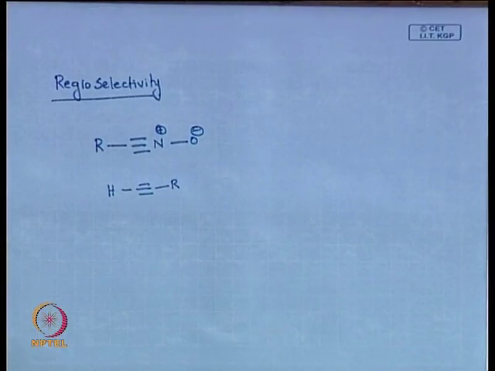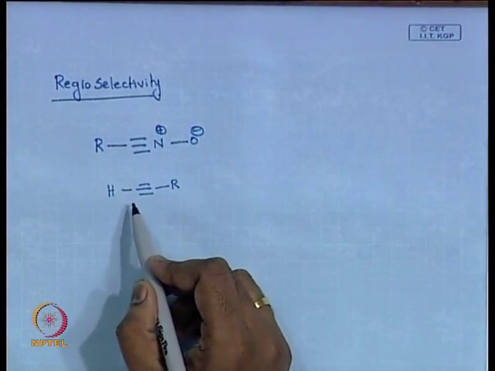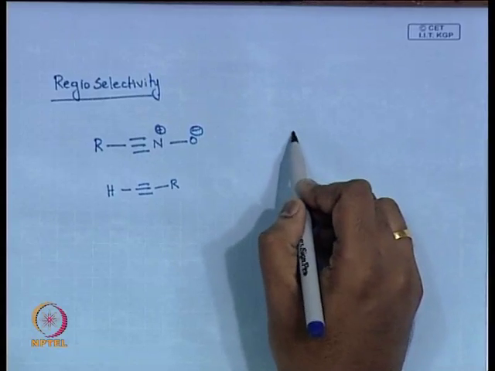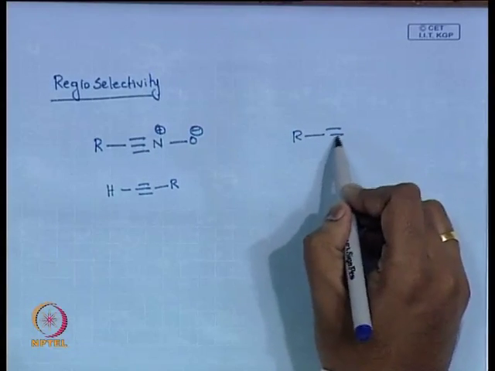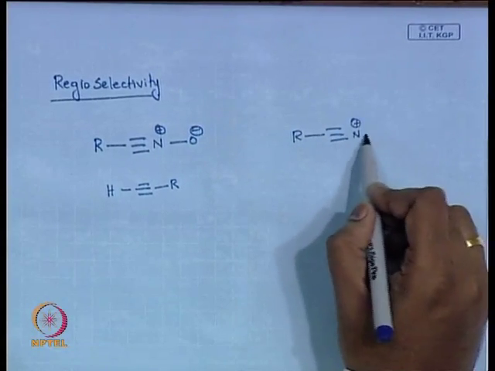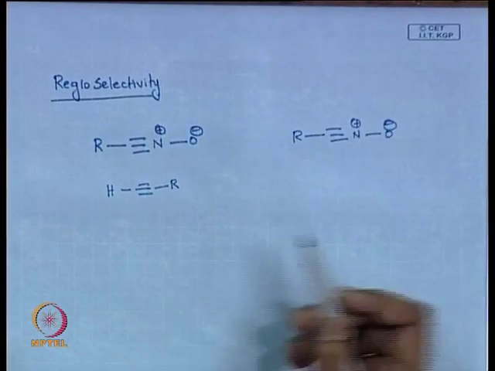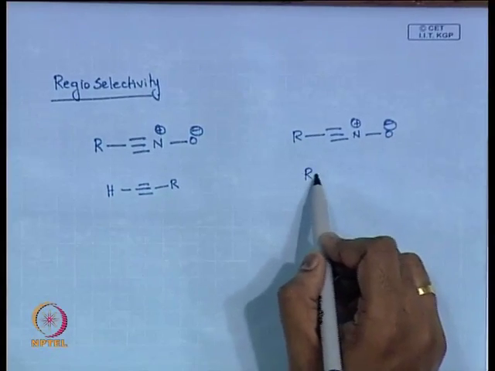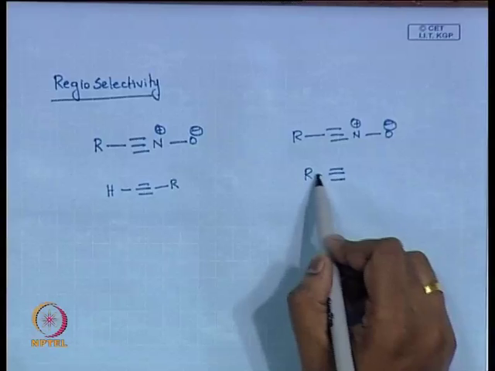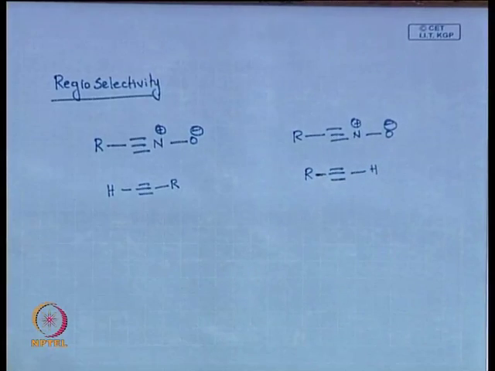Okay, your alkyne. I am taking an alkyne, or you can say plus minus. You can write this way.